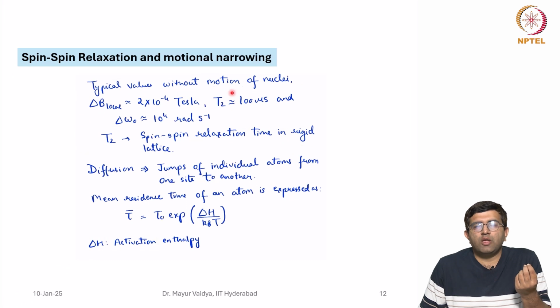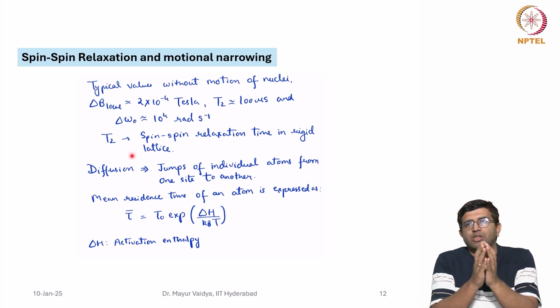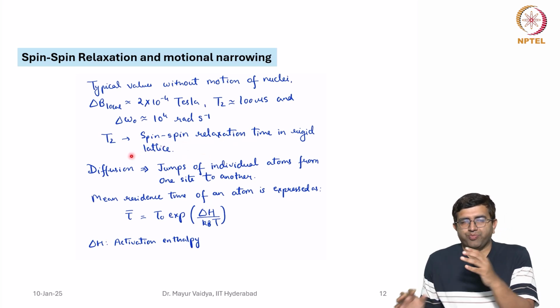Typical values without the motion of nuclei: delta B local is 2 into 10 power minus 4 Tesla, T2 is around 100 microseconds, and delta omega is 10 power 4 radian per second. This is referred to as the spin-spin relaxation time in the rigid lattice. Rigid lattice means atoms are stationary and not moving.